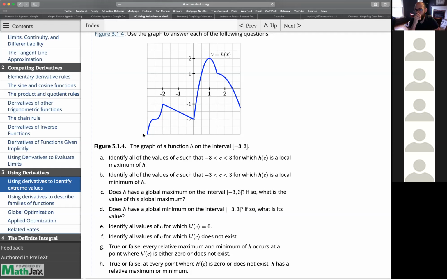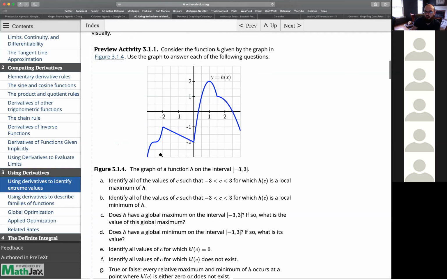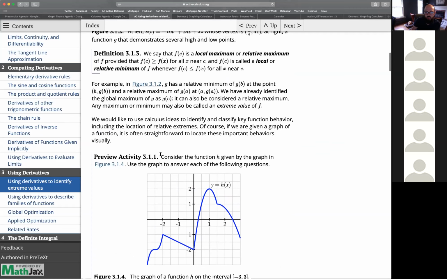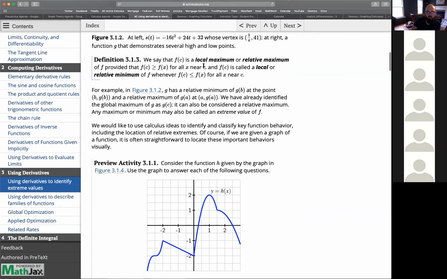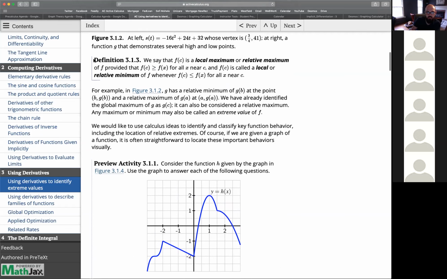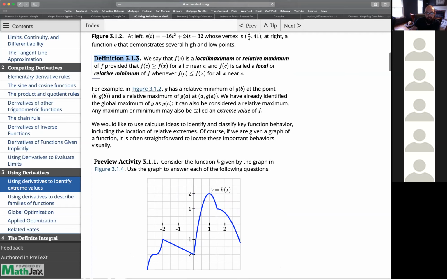So depending on the author of the books, there's some ambiguity over whether or not you want to call an endpoint a global max or a relative max or relative min. You'll notice that in this definition, the author of this textbook, Active Calculus, says we say f of c is a local maximum if it's larger than everything for all x near c.